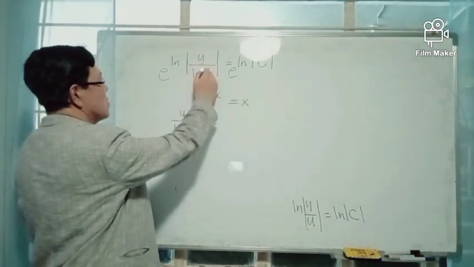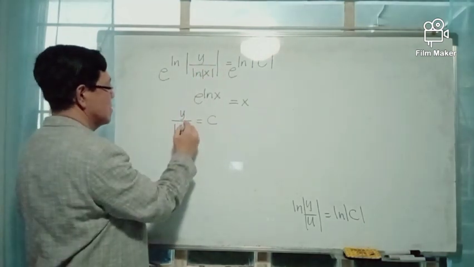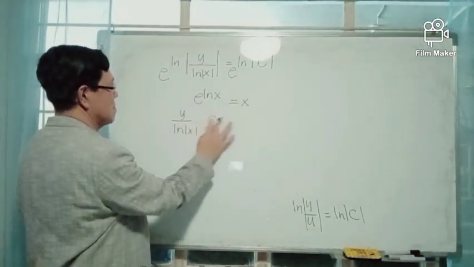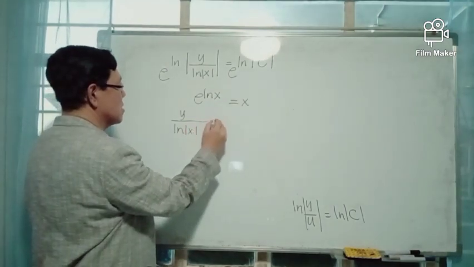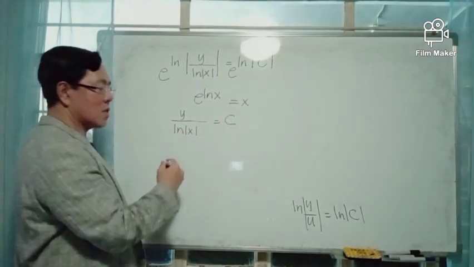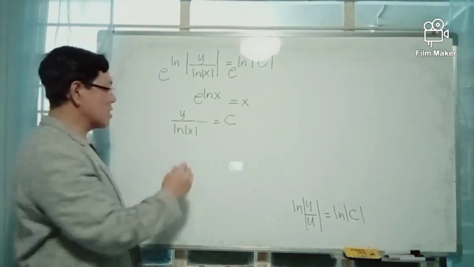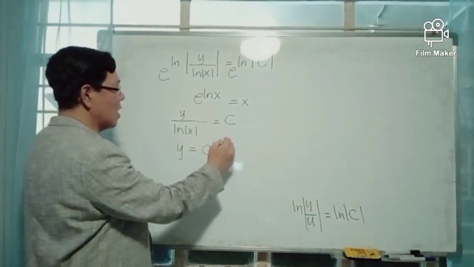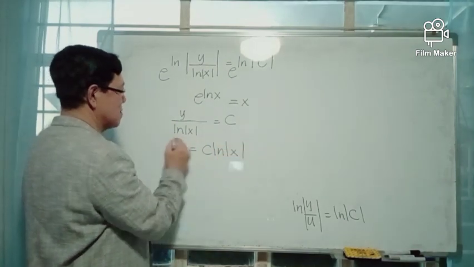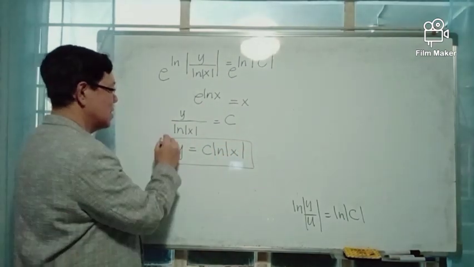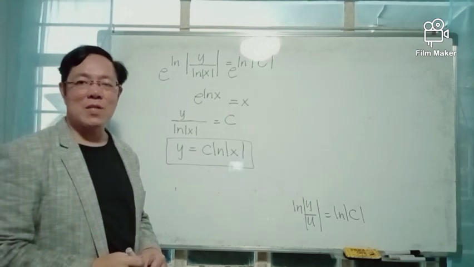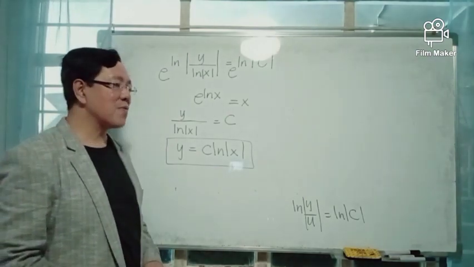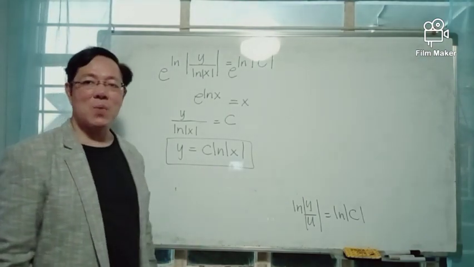We should write the absolute value of x equals c. Multiply both sides by ln of x, we get y equals c multiplied by ln of x. And this is the general solution of the given differential equation.